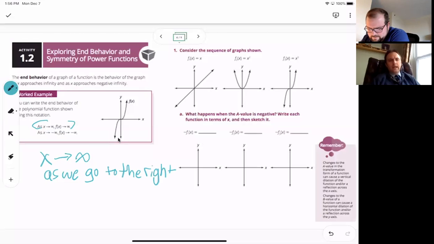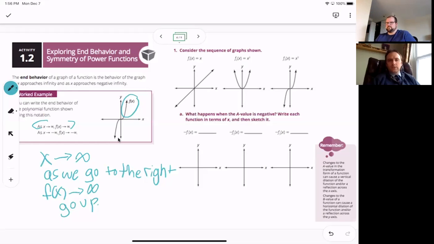So we're talking f of x goes to infinity. Does that mean go up? It does. And then obviously the logical connection would be if we go to negative infinity, we're going left for x. And if f of x is going to negative infinity, we're going down. Exactly. And here we see going to the right and up as this graph moves forward. So this is what this is kind of tying into.